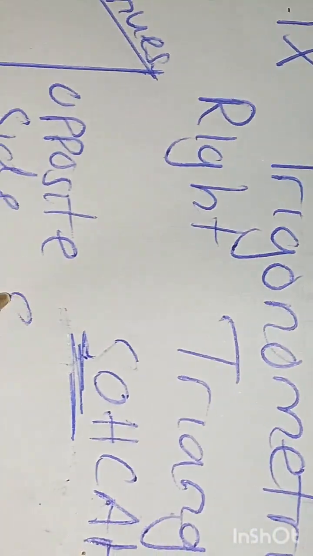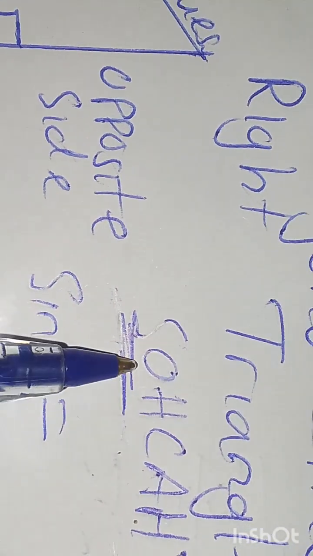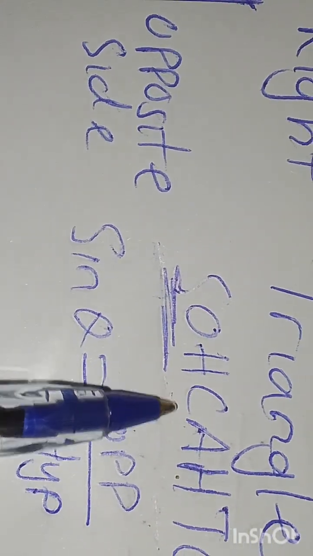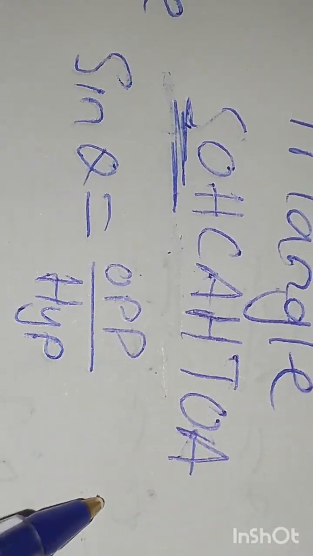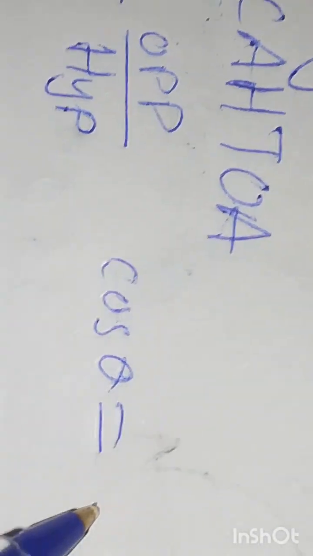S means sine, so we have sine theta, which is given by O, opposite, over H, hypotenuse. Then C means cosine, so cos theta is given by A, adjacent, over hypotenuse.